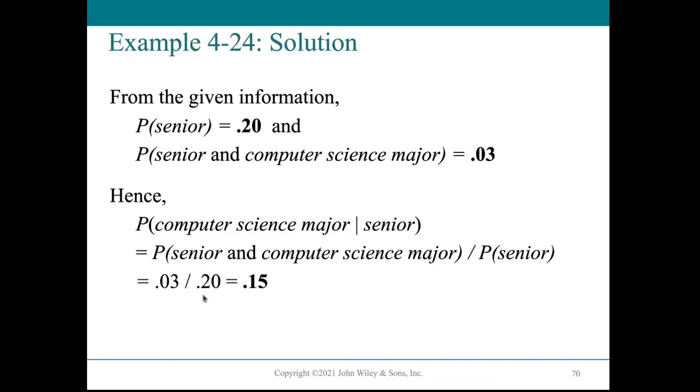So you have 0.03 divided by 0.20. So the probability is a little bit higher because the denominator is smaller, rather than the intersection, where you are both a senior and a computer science major among all of the other students. So this is a higher probability because you're just looking at seniors and what's the probability of getting a computer science major here.